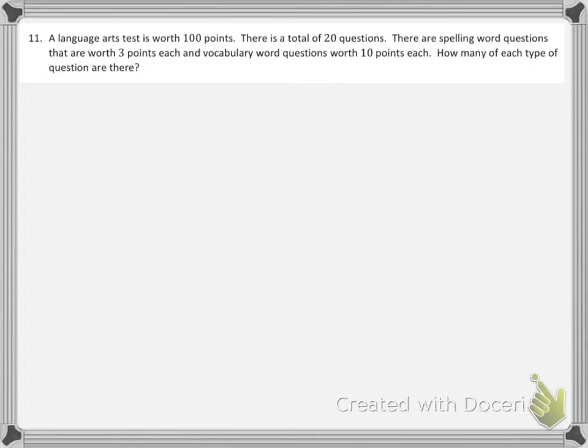Okay, last one for this review. We have a language arts test. It's worth 100 points, and there are 20 questions. There are spelling word questions. We'll call those X. And there are vocabulary word questions. We'll call those Y. So I know there's 20 questions, so I could say X plus Y. All the spelling word questions plus all the vocabulary word questions is all of the questions.